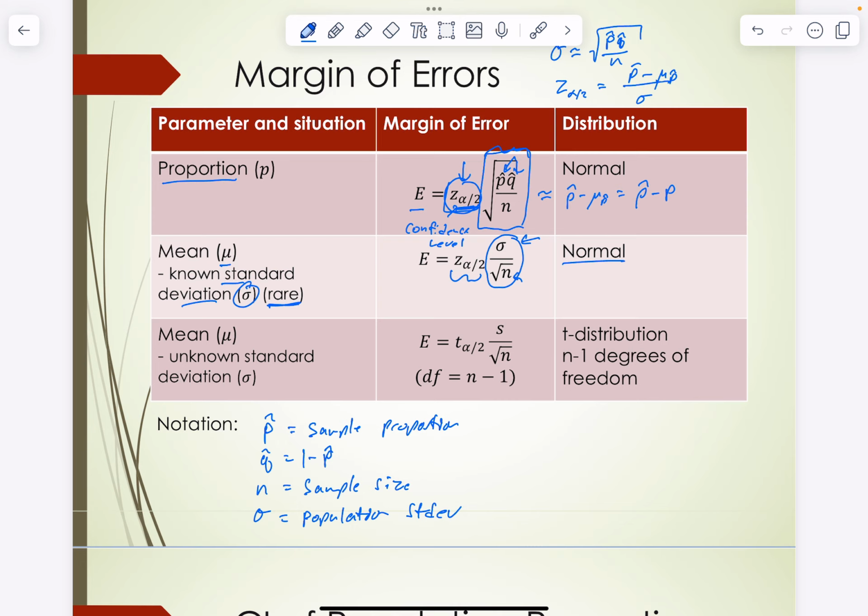The next situation is when you are trying to estimate an average, but you do not know the standard deviation. This is far more common.